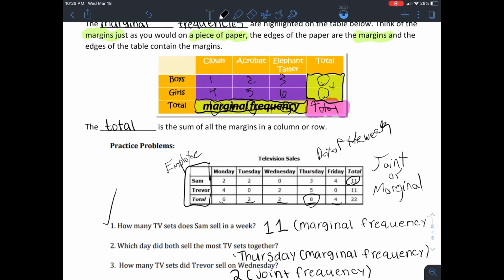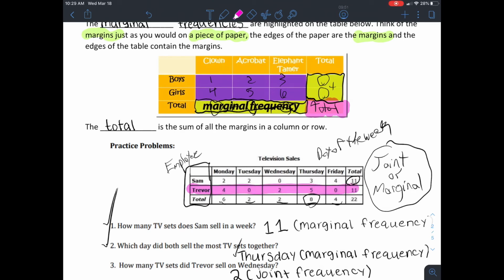And is that a marginal frequency or a joint frequency? Well, it is on the edge. It's on the bottom edge. And so I'm going to say that's a marginal frequency. So that's also right. Now, how many TV sets did Trevor sell on Wednesday? So we've got to look at just Trevor this time. So just Trevor.